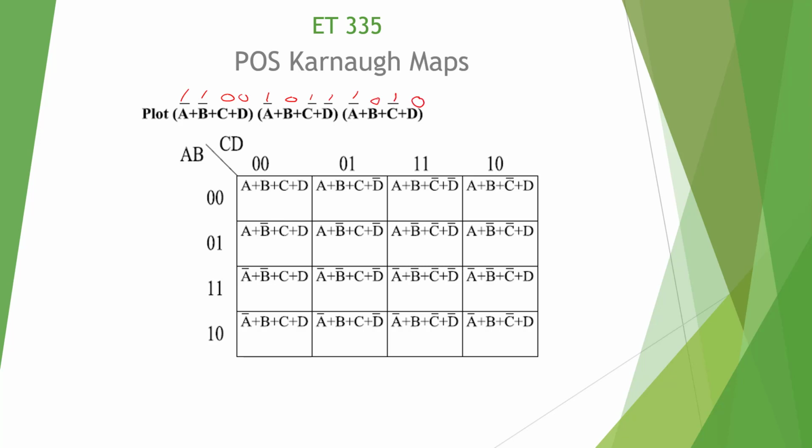Again, we're trying to evaluate out as a 0. So the first one is going to be right here. And then we have a 1, 0, 1, 1, which is going to place them here. And we're going to have a 1, 0, 1, 0. And we're going to be over here. Good.